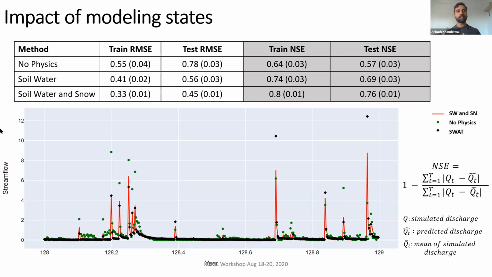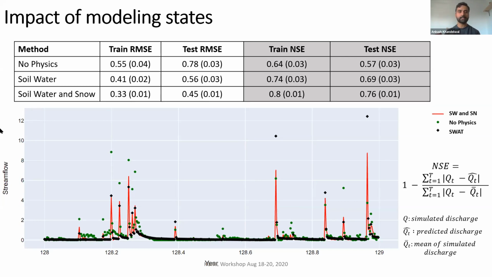So basically, we start from weather input and have one LSTM that tries to capture streamflow. We get an RMSE of 0.78. And then the second row gives the results when we added an intermediate module that tries to capture soil water. The goal of that module is to predict soil water at any given time, and then that becomes the input to our streamflow module.